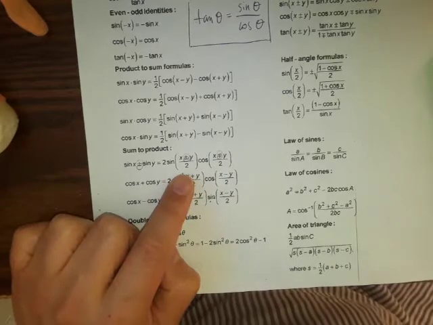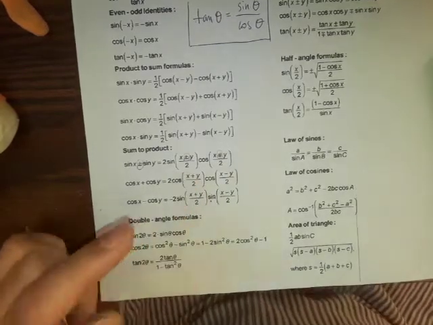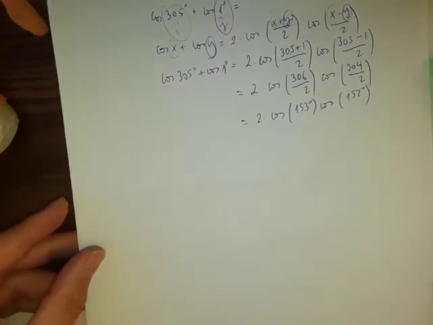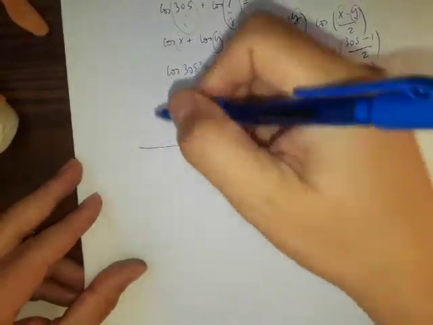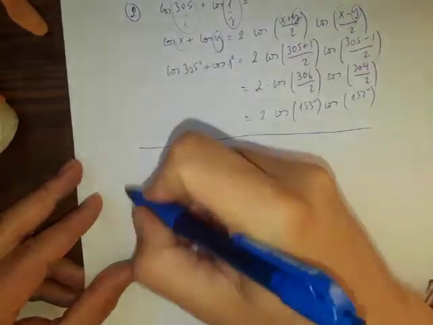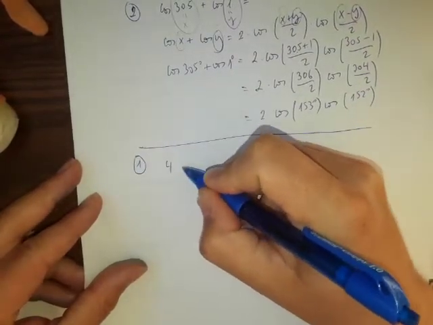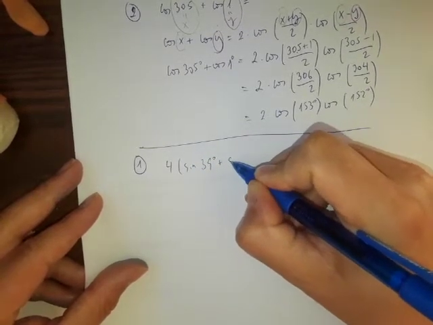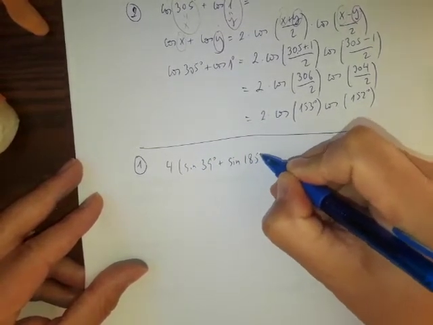So let's do number 1, which is 4 sine of 39 plus sine of 185.